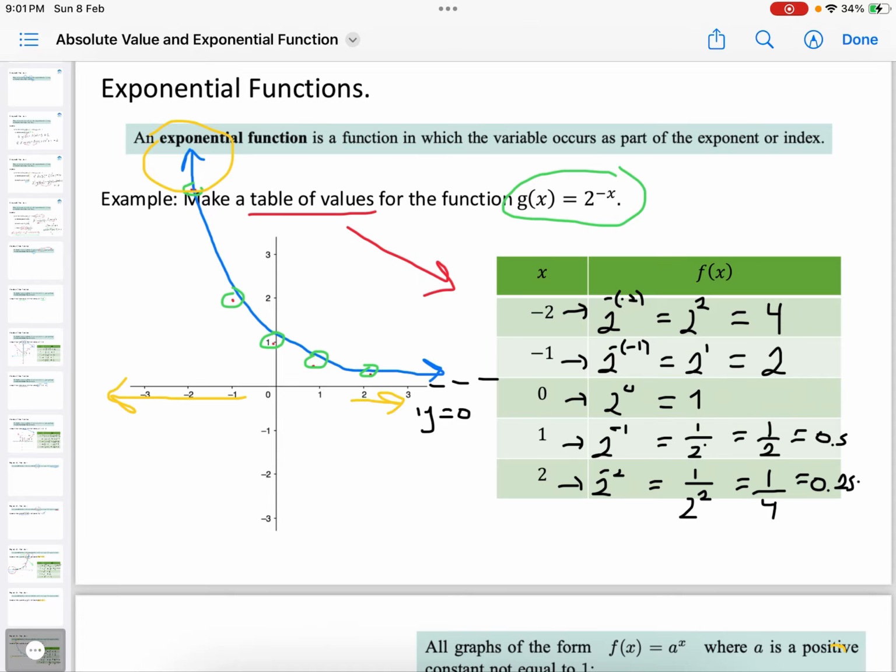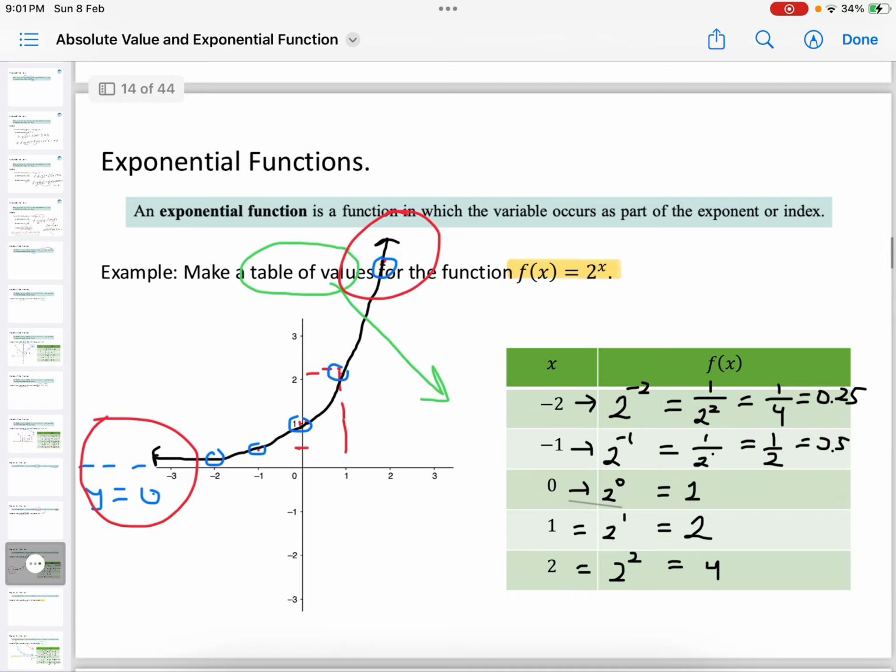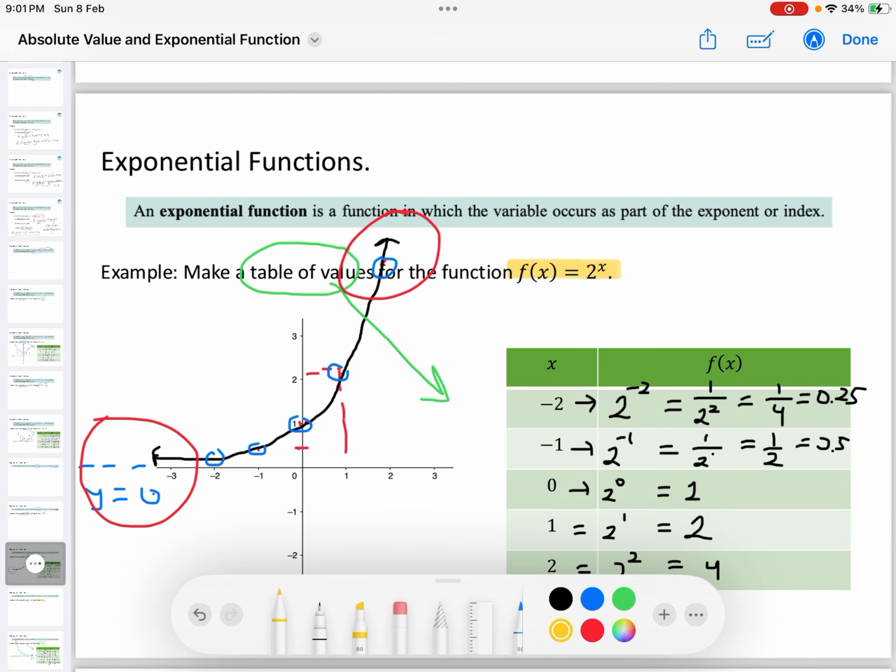Now, as I said before, there is quite a nice relationship between this function and the one on top. Of course, they have different shapes. One is growing to the right, the other one is moving to the left. But when you think about the table and features that they share, for example, there's something that is very important. Take a look at both of them.